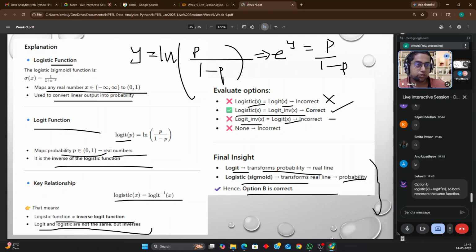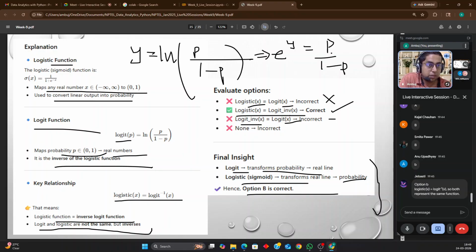Solve this equation and calculate the value of p. You will get p equal to 1 over 1 plus e to the power minus y.